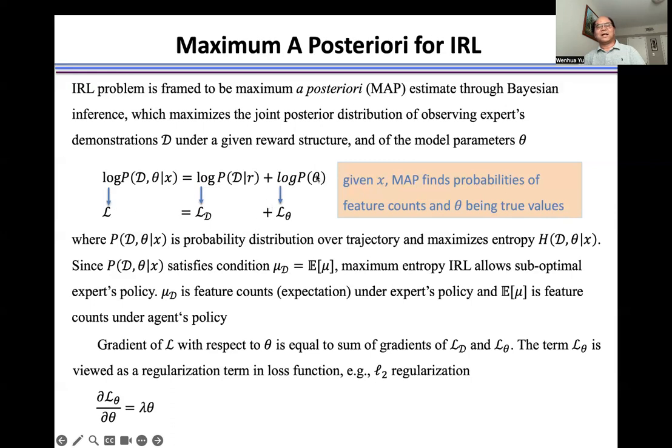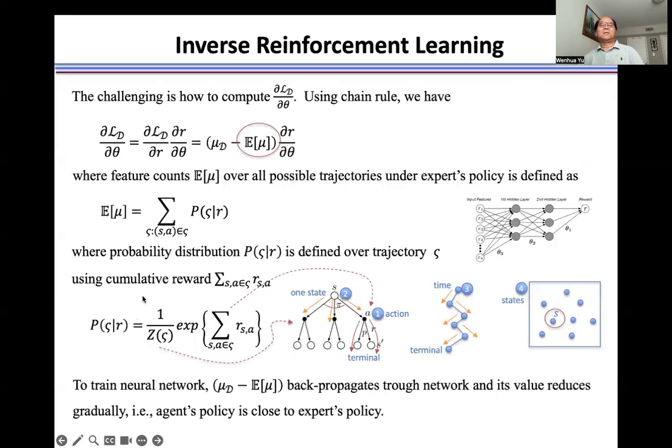Like I mentioned, the second part is easier, because if we use L2 regularization, we get a very simple gradient formulation. The most challenging is the first part. For the first part, we use the chain rule again, and then we express it as the difference between the feature counts under the expert policy and the feature counts under the agent policy.